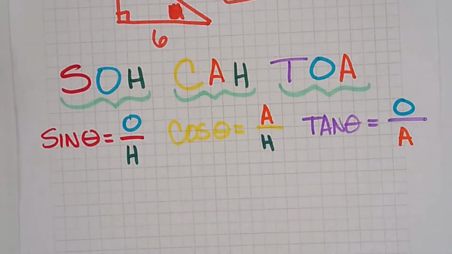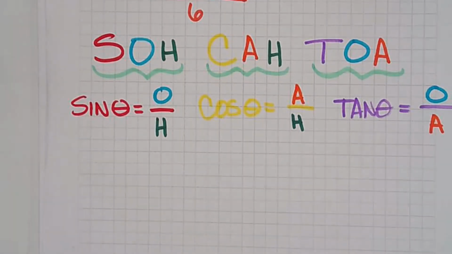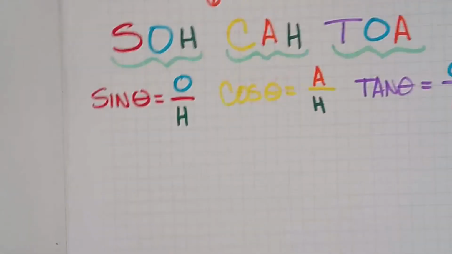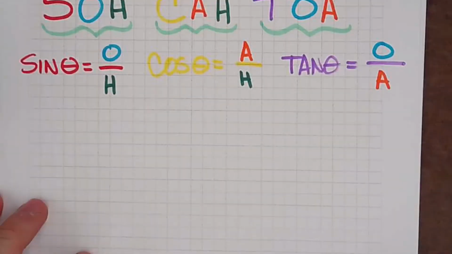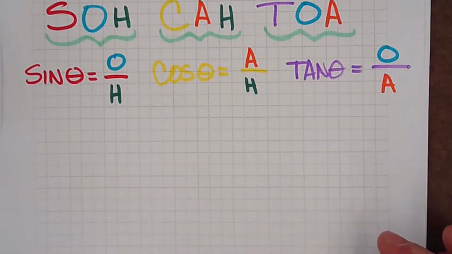SOHCAHTOA. It sounds like another name that could have been for the volcano in Finding Nemo. It's that one SpongeBob episode where Squidward screams, Oh, Krakatoa, and then his head explodes. What was Squidward's superhero name?